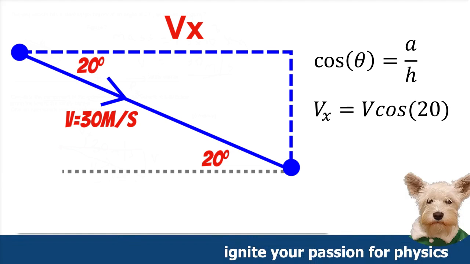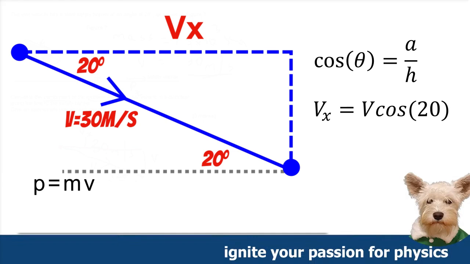Okay, so if you wanted to put the numbers in, the component in the X direction is 30 cosine 20. Now, for those of you that are keen, which of course is all of you if you're watching this, we need to find the momentum. But we're only interested in the momentum in the X direction, so we need the velocity in the X direction.